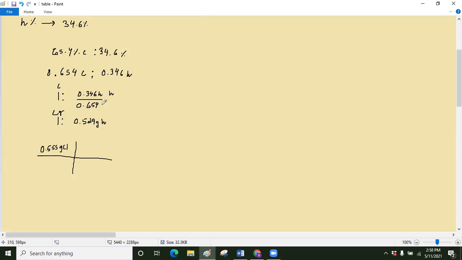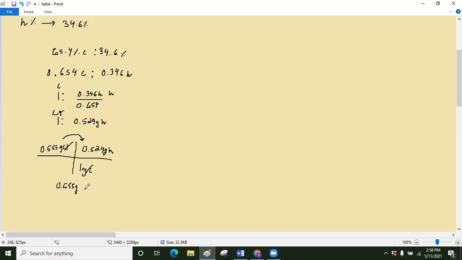When you're looking at this conversion factor, you want your hydrogen, so you want your chlorines to cancel out. So you put your 1 gram of chlorine down here, and your chlorines cancel out, but you want it in terms of its proportionate amount of hydrogen. So you'd put 0.529 grams of hydrogen here, and your chlorines would cancel out.